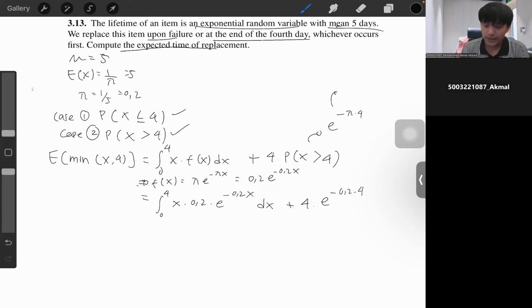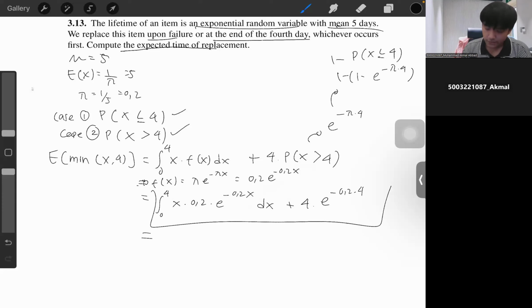We can calculate this like in question 3.12, which is 1 minus the probability that x is lower than or equal to 4. So we can calculate this expression for the expected time of replacement.